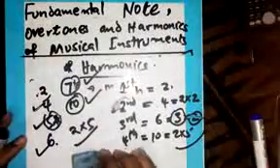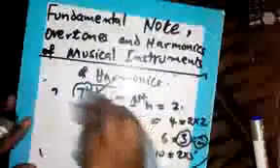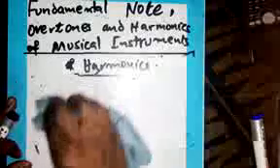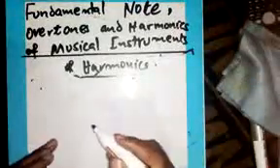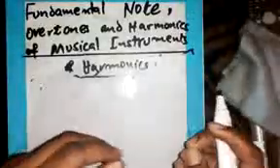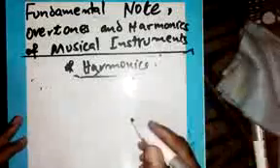Lastly, we are going to look at the concept of finding the harmonic number. You'll be asked, what is the harmonic number? If you want to know which kind of harmonic a frequency is, whether it is the first harmonic, second harmonic, third harmonic, fifth harmonic, and so on, it is simple.